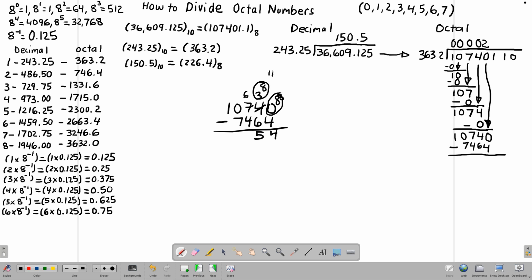And then 6 subtract 4, you get 2. And then you have the 0, subtract 7 from 0. It's going to produce a negative number, so we'll borrow this one and then add 8 here. And so 8 subtract 7 leaves 1. So we'll put the value here, 1, 2, 5, 4. Let's go ahead and clear this out.